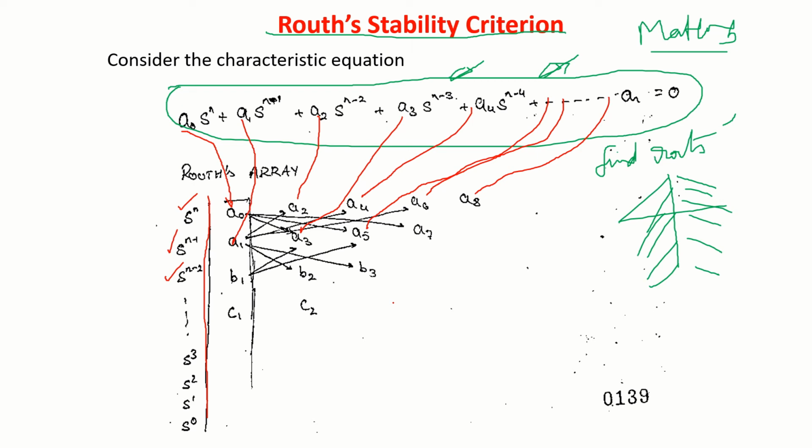B1 is given by A1, A2 minus A0, A3 divided by A1.